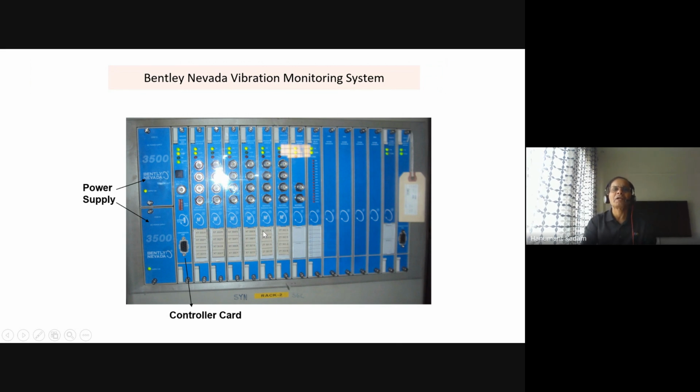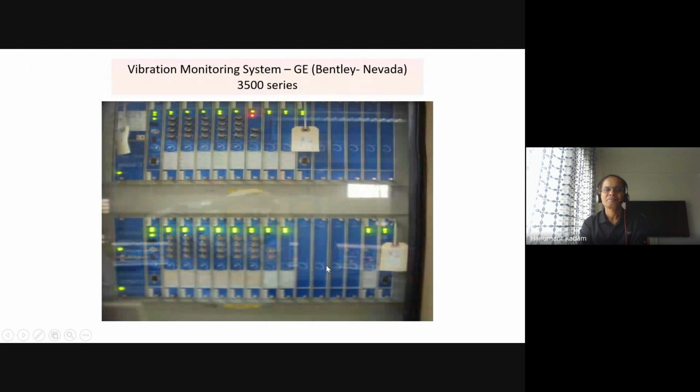So this is actually a Bentley Nevada vibration monitoring system, where you can see power supply card, controller card, and then individual cards for a particular probe, meaning radial horizontal, radial vertical, like this. Axial has this.